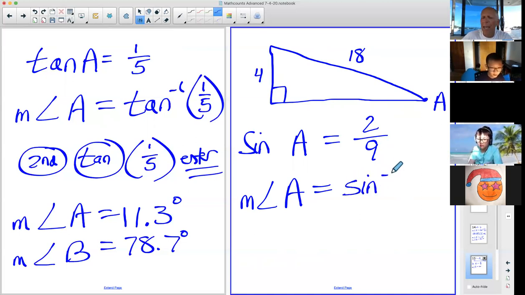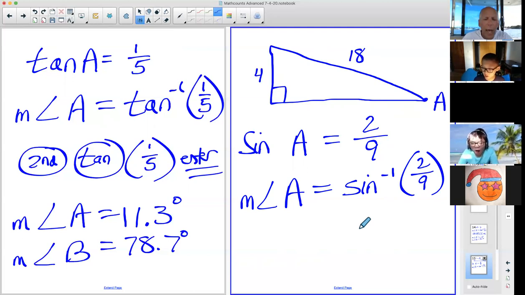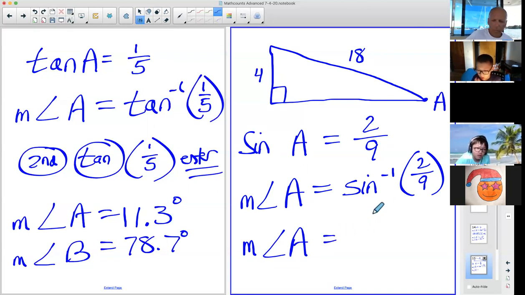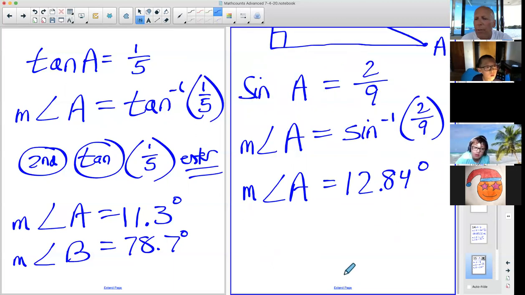Come on, the inverse sine of 2/9. Do you know how to take the inverse sine on your calculator? So Ray, stick with me. What kind of calculator are you working with?